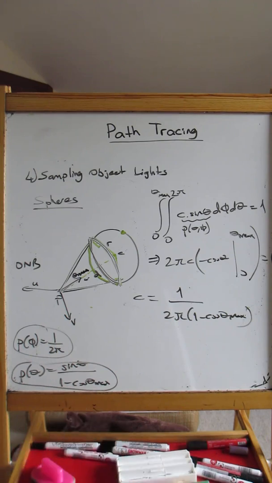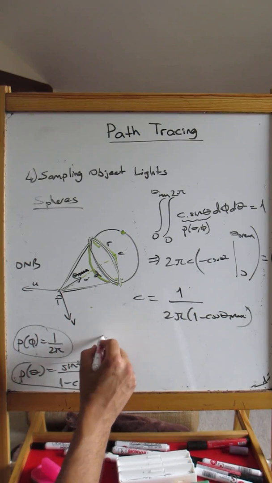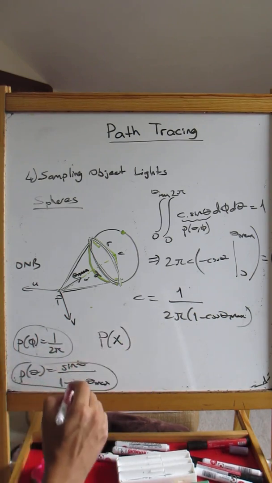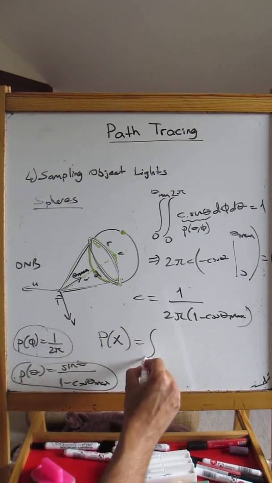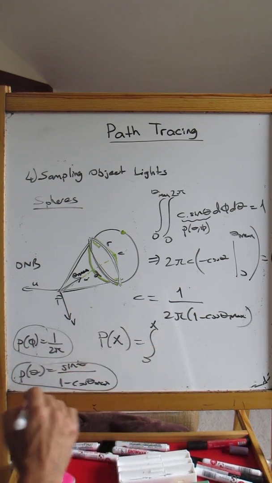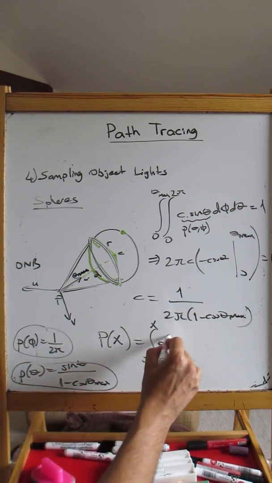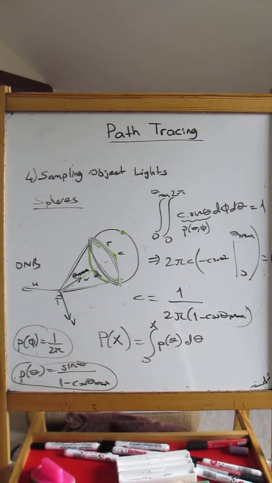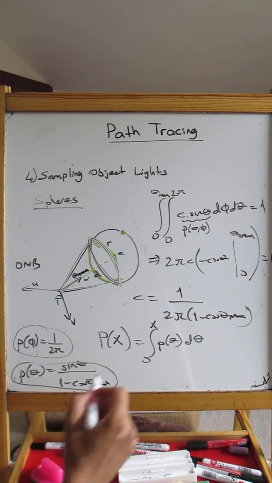Okay? So let's compute the CDF for this one. P(x) is equal to the integral from 0 to x of p(theta) d theta. Okay? And if you go ahead with the integration, you find the following.